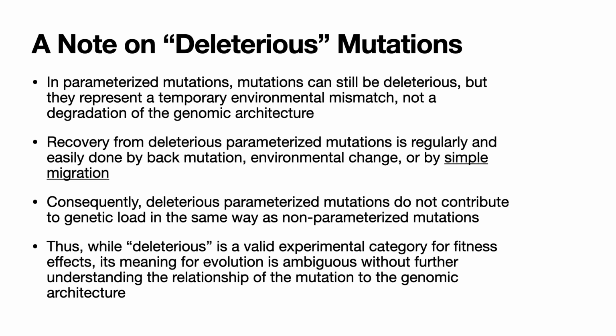If an organism doesn't match its environment, it can move. So consequently, deleterious parameterized mutations do not contribute to genetic load in the same way as non-parameterized mutations. So while the concept of deleterious is a valid experimental category for fitness effects, its meaning for evolution is ambiguous without further understanding the relationship of the mutation to the genomic architecture.